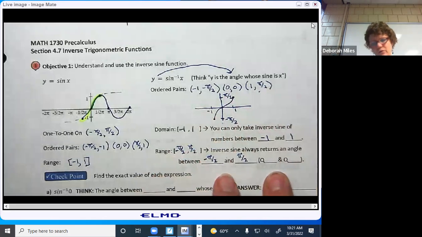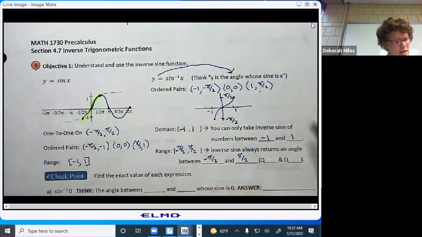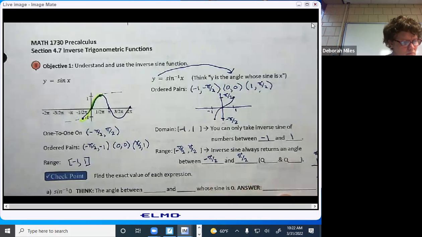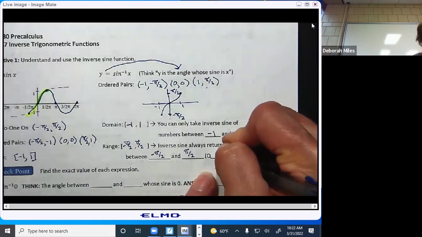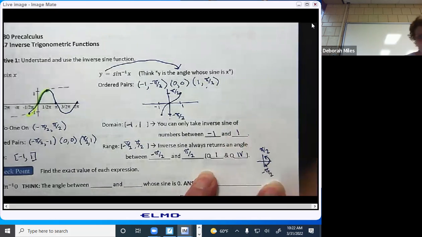What two quadrants is that? Negative pi over 2 to positive pi over 2. That's first and fourth quadrants. Quadrant 1 and quadrant 4.